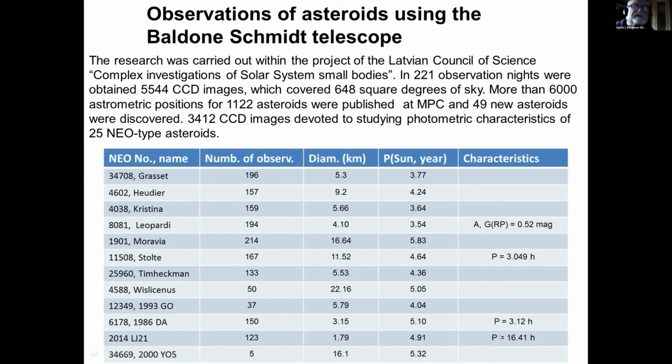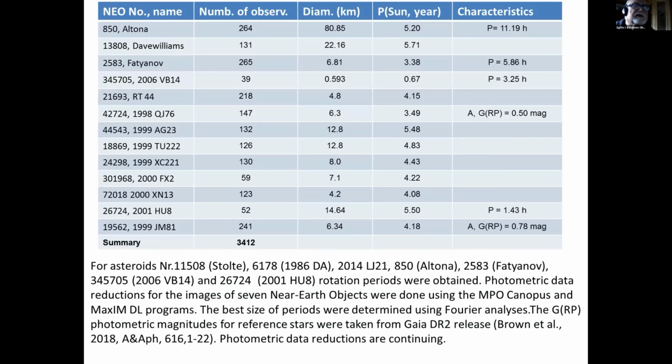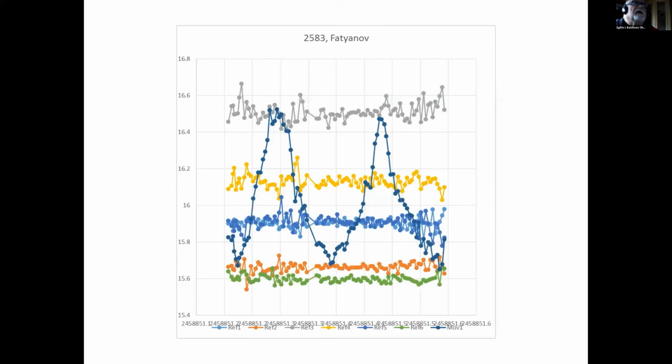For the others, the data reductions are continuing. At first, when we determine the period, we check the standard stars, because the quality of the asteroid measurements depends on these measurements, and only after that do we obtain the period of the asteroid.